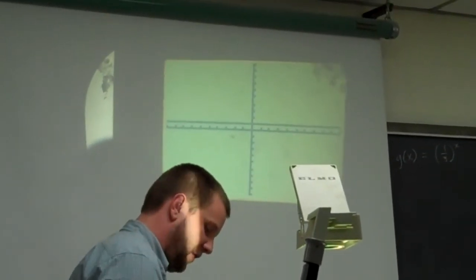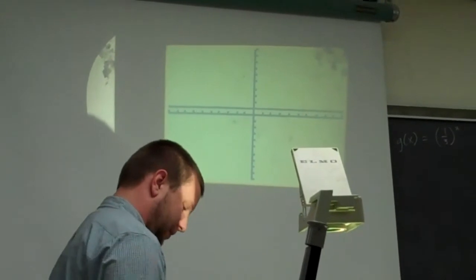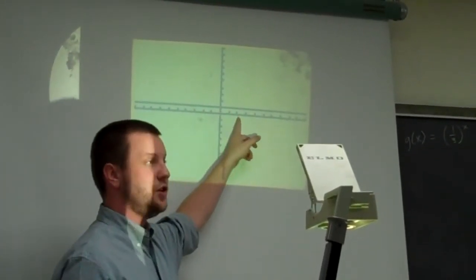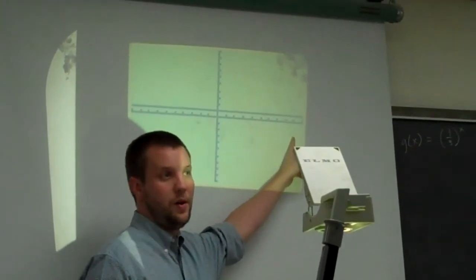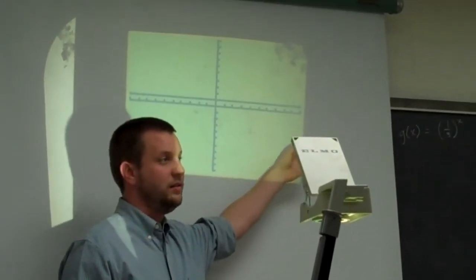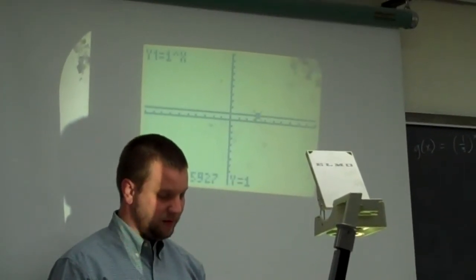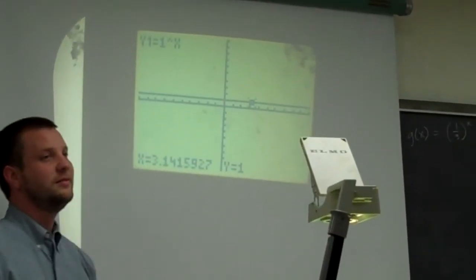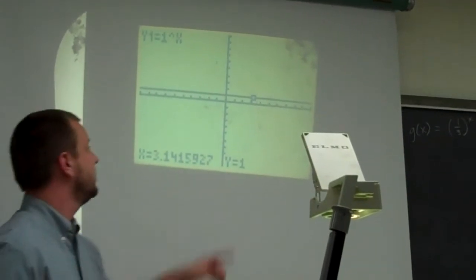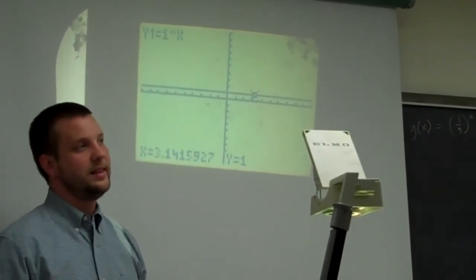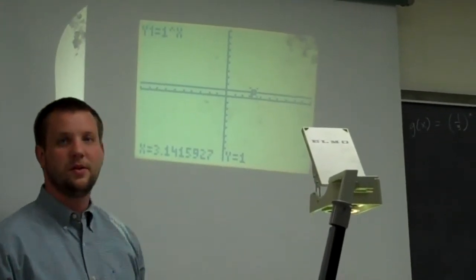What happens then if I raise 1 to any power? I get 1, including 0, right? 1 to the 0th is 1, 1 to the first power is 1, 1 squared is 1, 1 to the third is 1, 1 to the fourth is 1, 1 to the pi is 1, right? Like if we do trace, pi, yeah, there it is, 1. To the negative 1, to the 0.5, it doesn't matter. These are not exponential functions, okay?